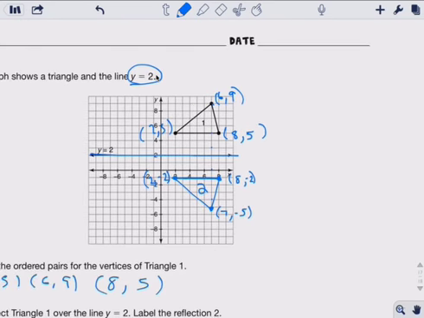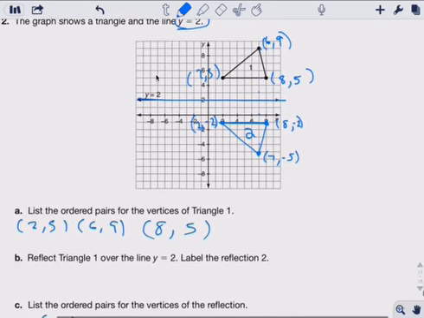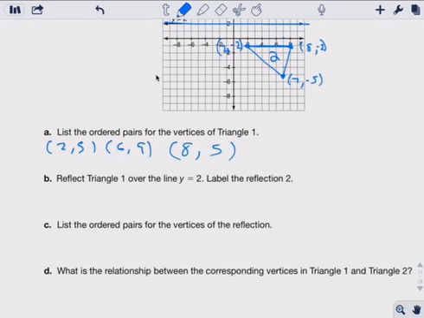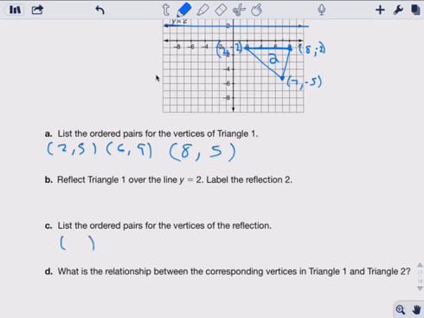Remember, the x stayed the same. Reflecting over the x, x stayed the same, y changes. Okay, always 2, -2, 8, -2, and 7, -5.